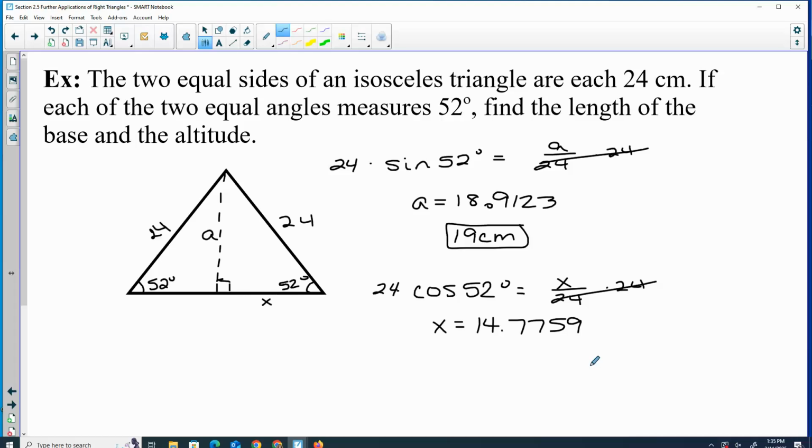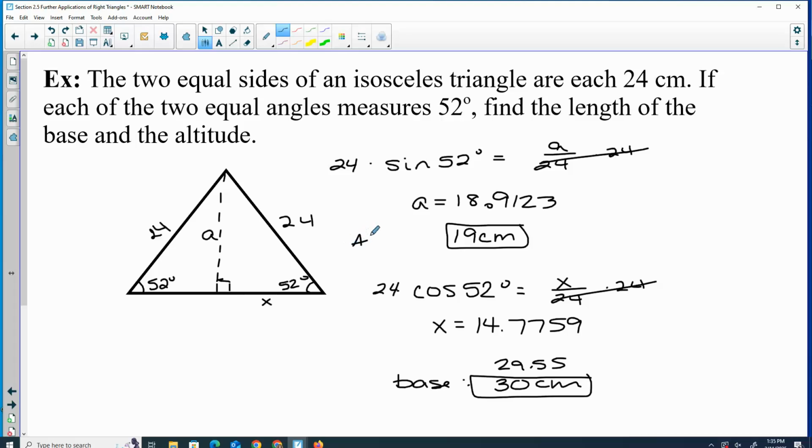No. The base goes all the way across. So what would I have to do to get the entire base? If I take that times 2, it gives me 29.55. So we would have to round that to 30 centimeters.